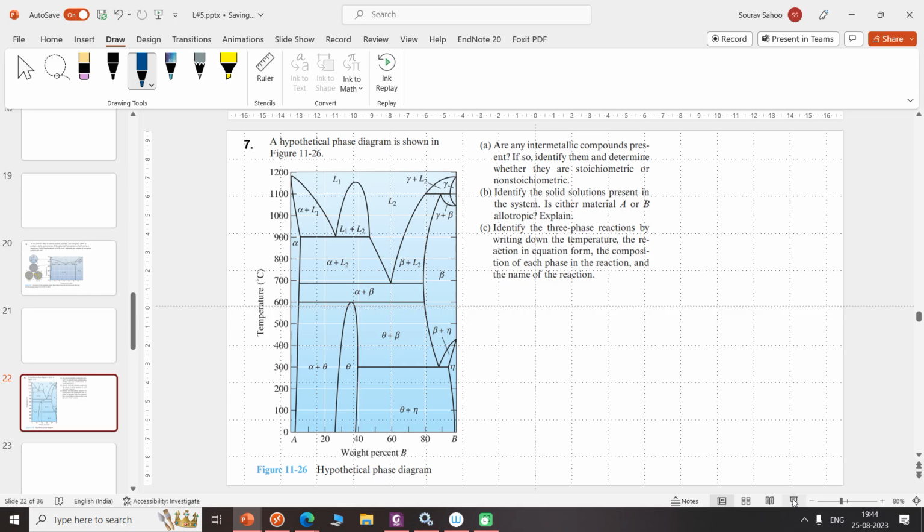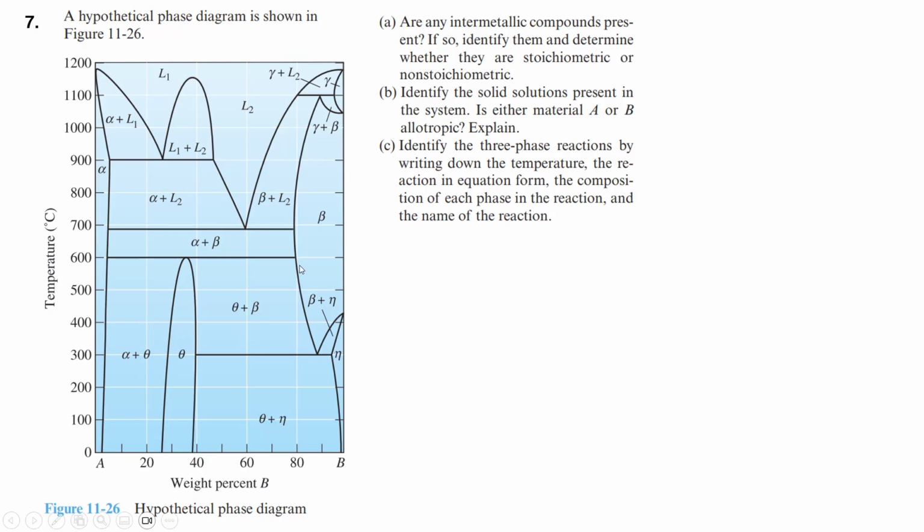It is again a hypothetical phase diagram that is shown here, and the first question asked is, are there any intermetallics present? If so, identify them and determine whether they are stoichiometric or non-stoichiometric.